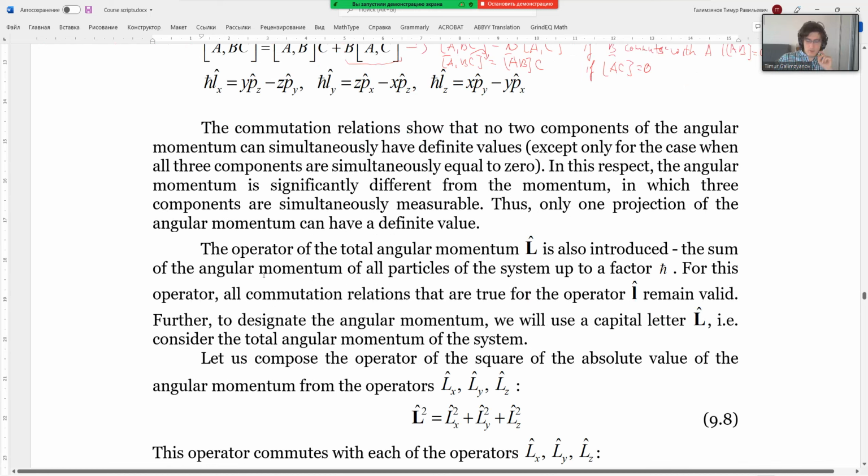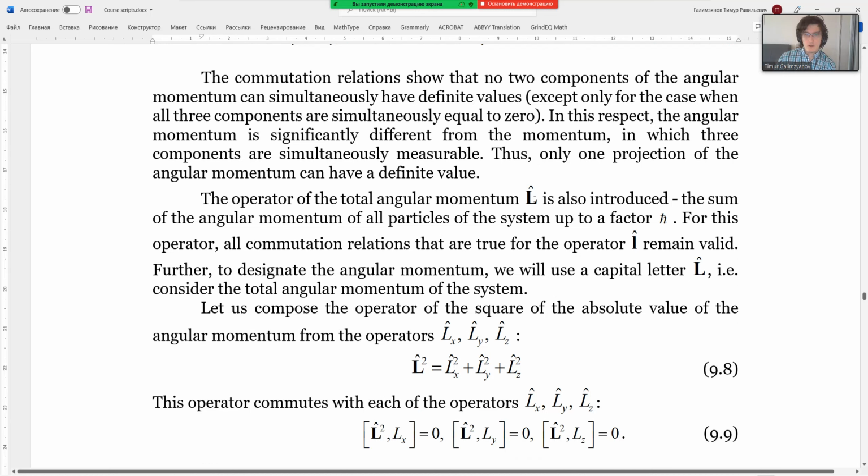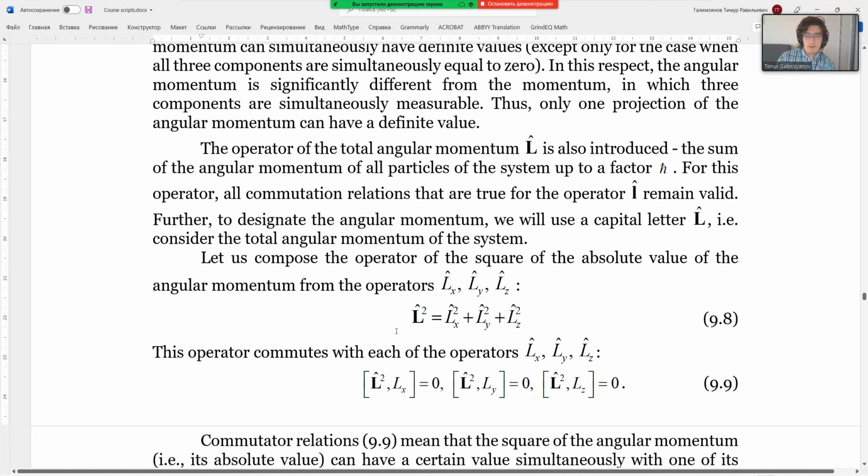So another important operator is L squared, which, we remember that L is a vector, so it has 3 projections. And L squared is given by the sum of squared projections: Lx squared plus Ly squared plus Lz squared.